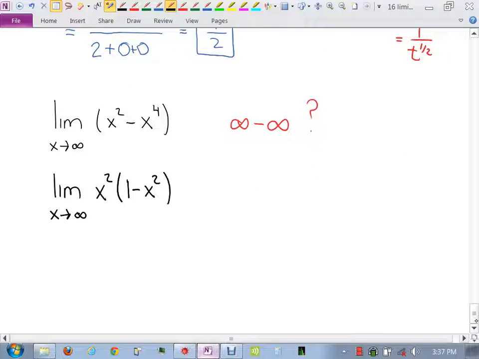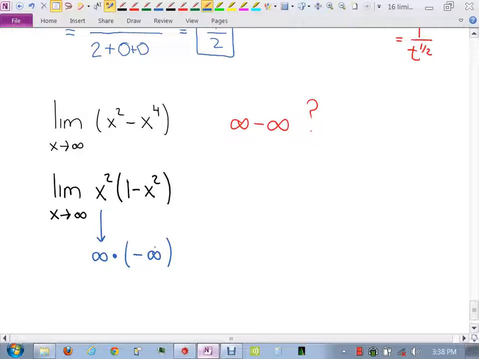Now that changes the game, because now what you're getting is, what's infinity squared? Infinity. But now instead of subtraction or addition, you have times. What does this become? 1 take away infinity, which is negative infinity, right? The 1 has really no effect on it.